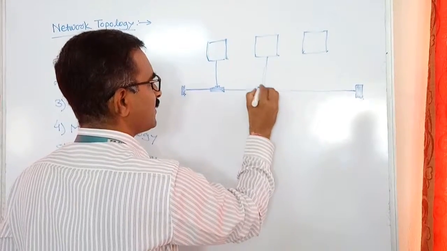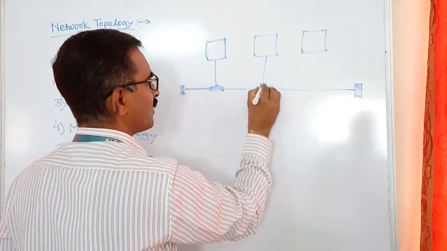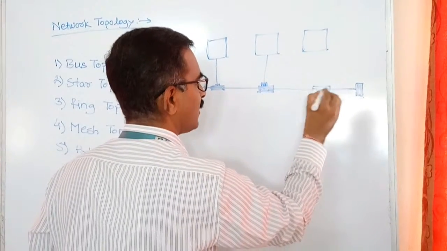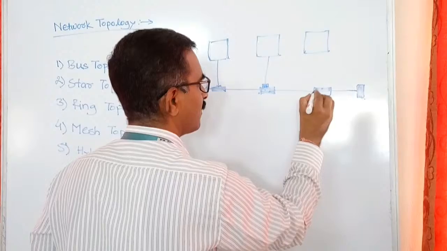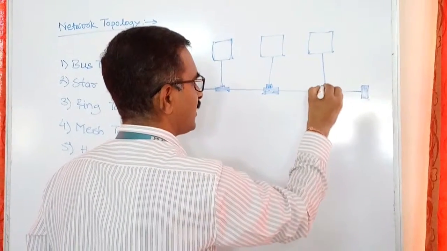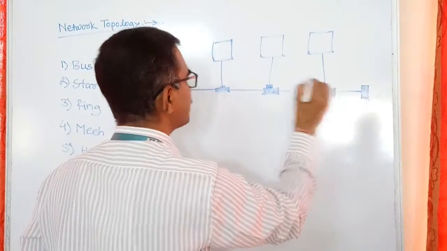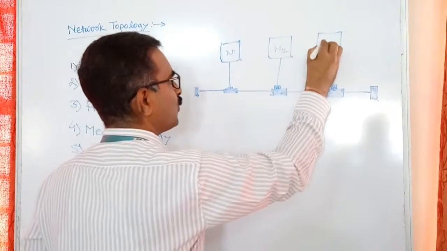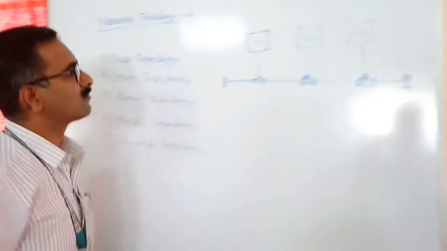By using the T connector, we connect these nodes to the backbone cable. Now in this, each computer or each node can share information between them. Say node 1, node 2, node 3.